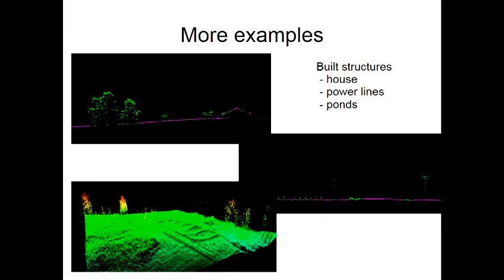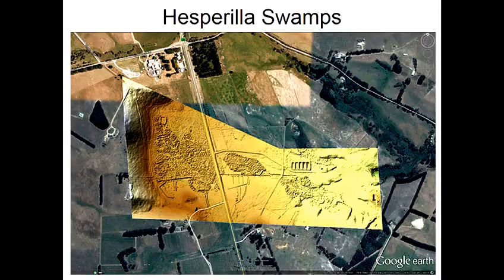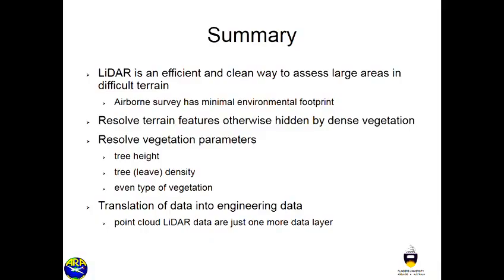Some other examples, just to show you, this is actually from Fleurieu Swamp, the dam structure here, a house. But I have to get through it quickly to the summary, otherwise I run out of time. So it's an efficient way, and clean as well, because the aircraft we use don't pollute the atmosphere a lot. They're Ecodemons, they're motor gliders.